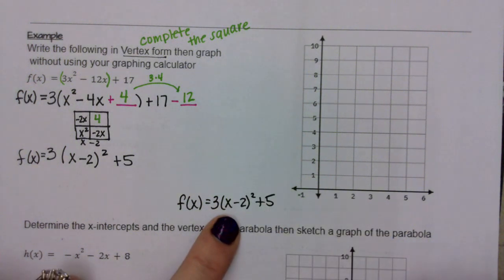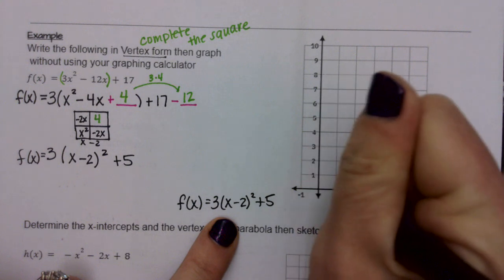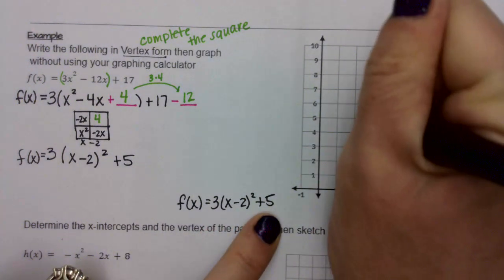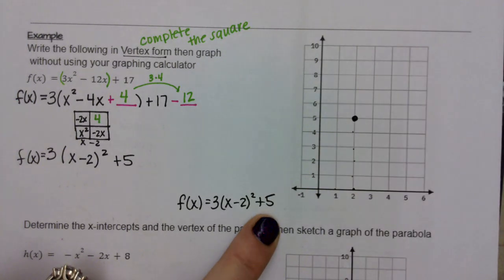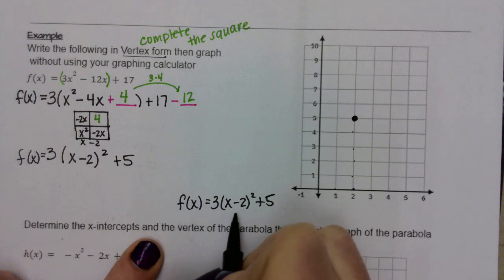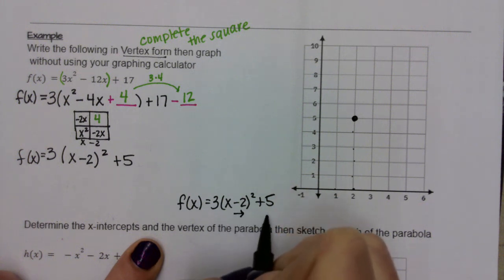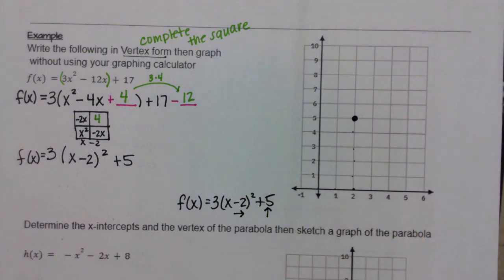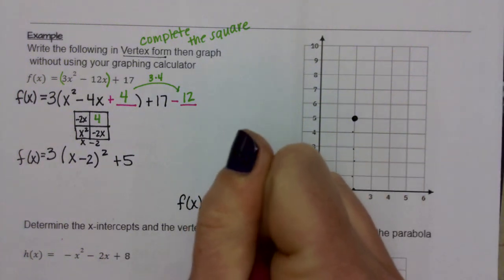Okay, now I know that I move right 2, 1, 2, and up 5, 1, 2, 3, 4, 5. And there's my new locator point or my vertex. So my vertex moves right 2 and up 5, and now I'm at (2, 5). Remember, this is my stretch.